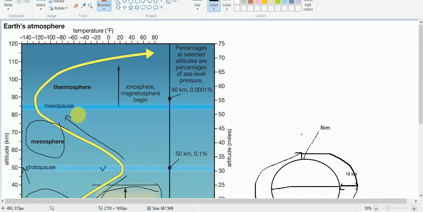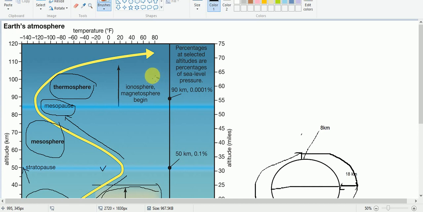Let's see, above the mesosphere we have this mesopause, and the next layer above the mesopause is known as the thermosphere, and it starts from 85 kilometers above the ground. This thermosphere contains electrically charged particles known as ions as well as electrons.